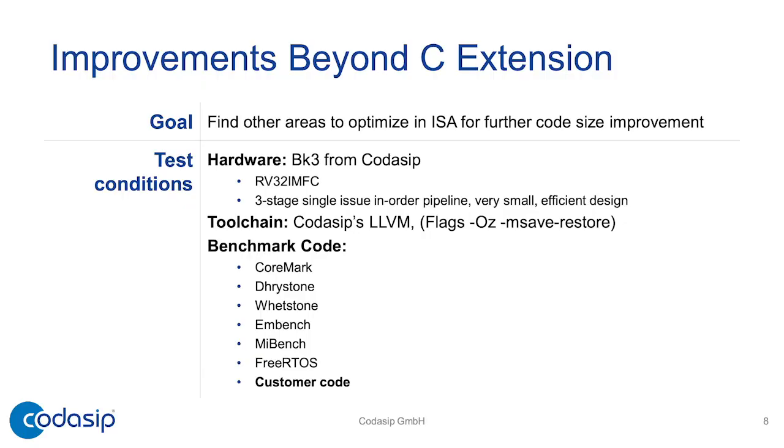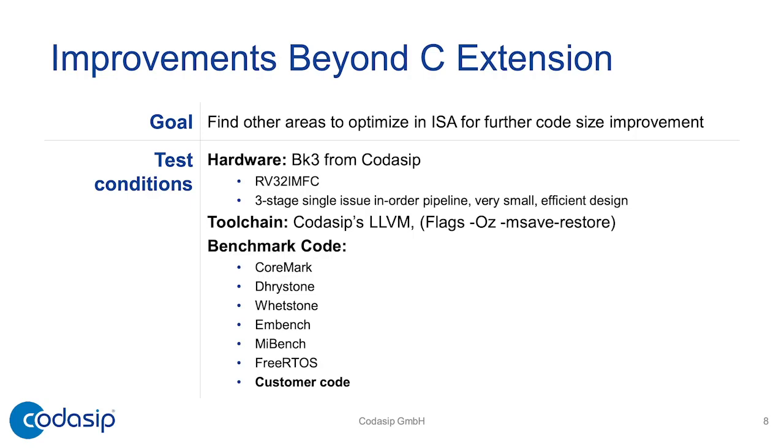There was a nice presentation on that given by Western Digital. So that's one way to go. The other way is, can we have other instructions that would help with code density? And this is the approach that we chose for this exercise. So it's not necessarily about the compiler options, but also about the instructions that would help with code density.